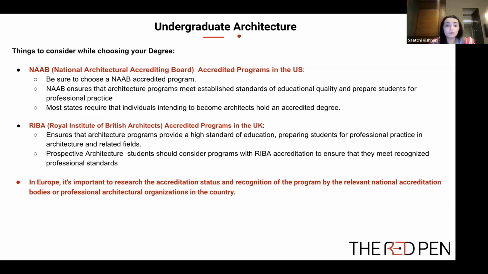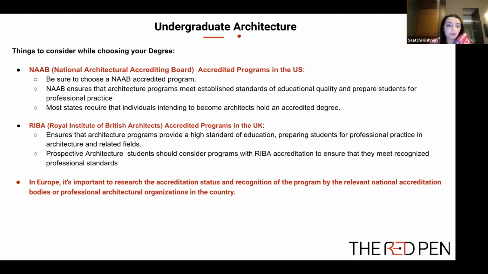Every time you go through a program and you're doing your college research, it's really important to ensure that your US program is NAAB accredited and that your UK program is RIBA accredited, right? It gives you the comfort that your program, whether it's at a tier 1 college or at a tier 3 college, still meets the standards of educational quality and the requirements that are needed to eventually get into licensure.